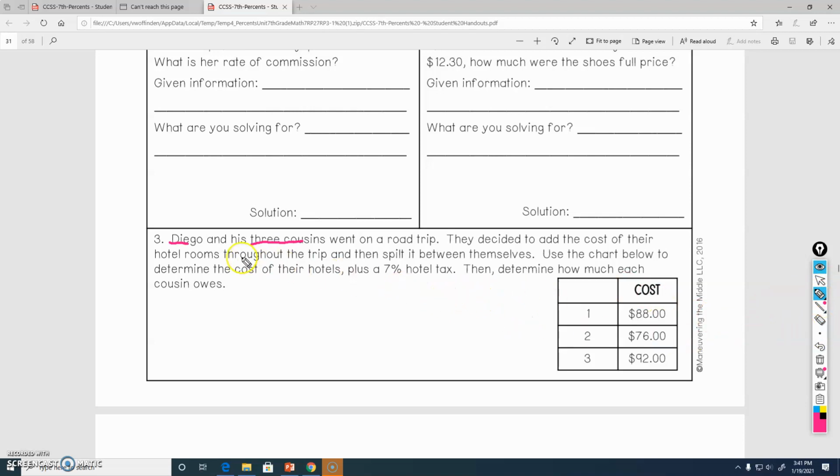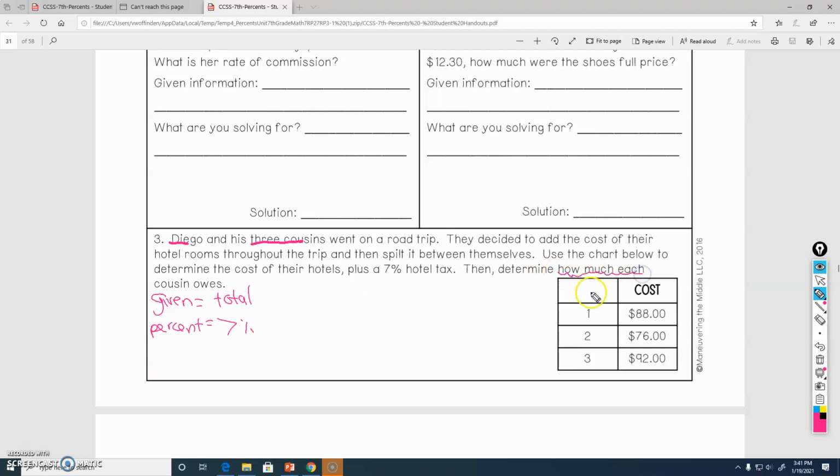Okay, so first off, when I'm reading this, I know how much the total is going to be. So my given will be the total. Also, I know the percent of sales tax, which is 7%. I'm trying to figure out how much each cousin pays.